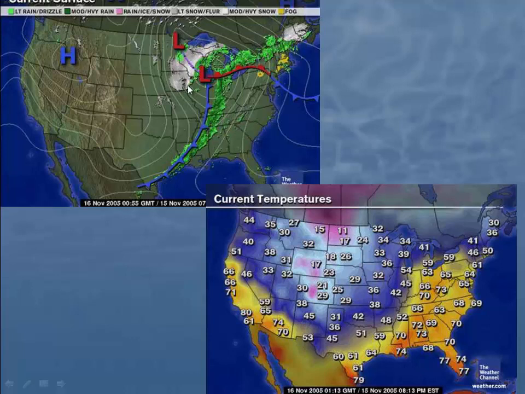And simply take a second and look back and forth, some pattern recognition as to where the features on the surface map line up with the current temperature map. And here's your nice warm air mass to the southeast. We have temperatures in the upper 60s and low 70s. If you cross the front into places like the Central Plains, they are under the influence of very strong cold air advection.